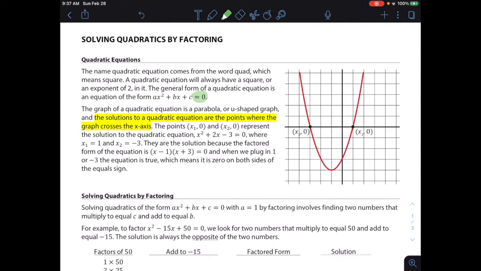And you can also see that there's a slight curve to this graph, and that is also because of the squared term. The squared term causes the graph to curve, and it gradually gets steeper and steeper and steeper. And that is because we're squaring numbers, and when we square numbers, they get bigger faster.